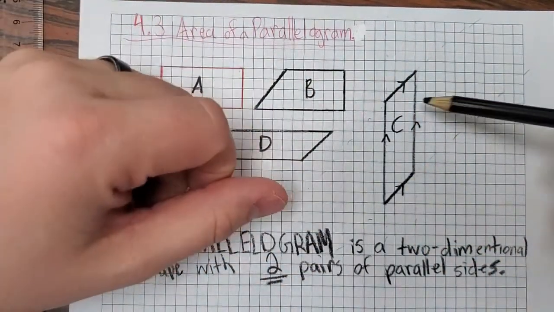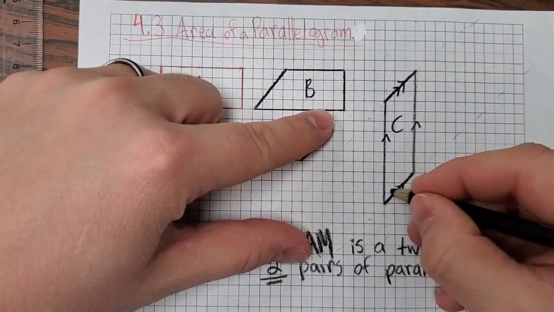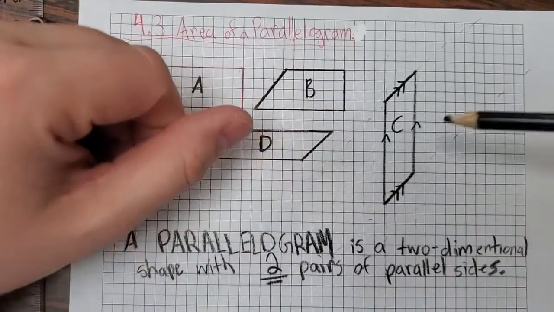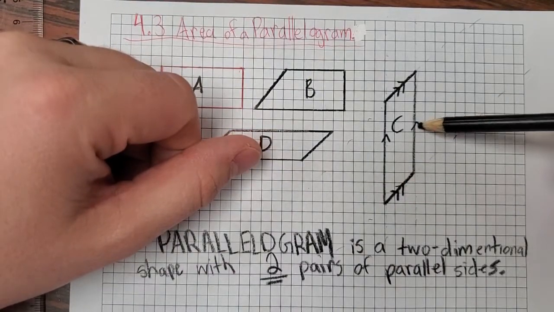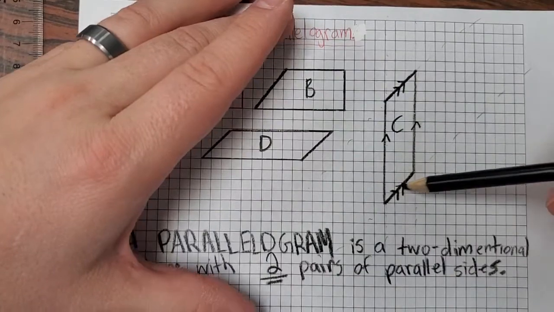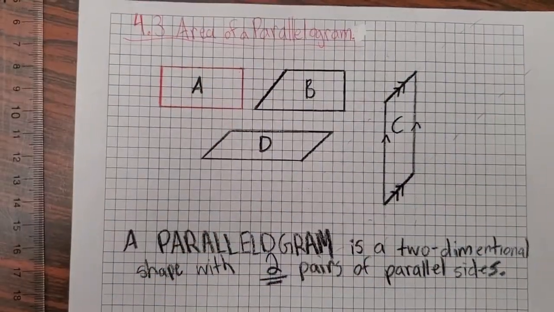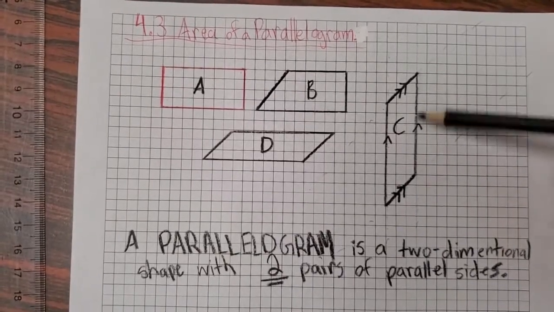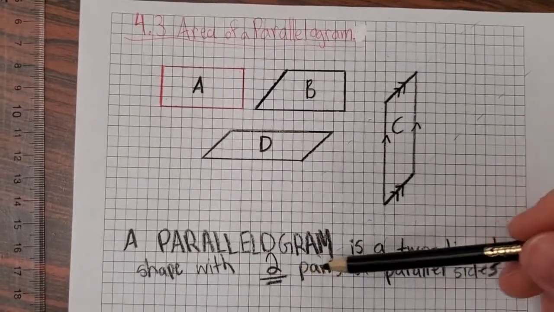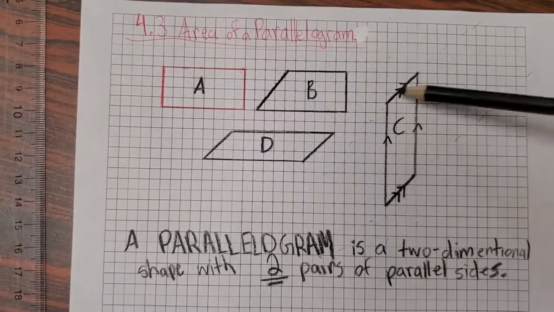But just to make sure that it's not confusing, one of the sets we're going to put two arrows on, just so that it's clear that this one isn't parallel to that one. So each set of parallel lines gets its own amount of these little arrows. Because C has two different sets of parallel lines, two pairs of parallel sides, we can say that this one is a parallelogram.